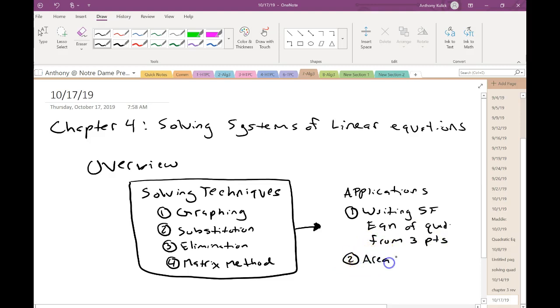We can have a geometry application that is mostly about matrices, but we can talk about the area of a triangle. And then we'll just do some general kind of story problem situations.